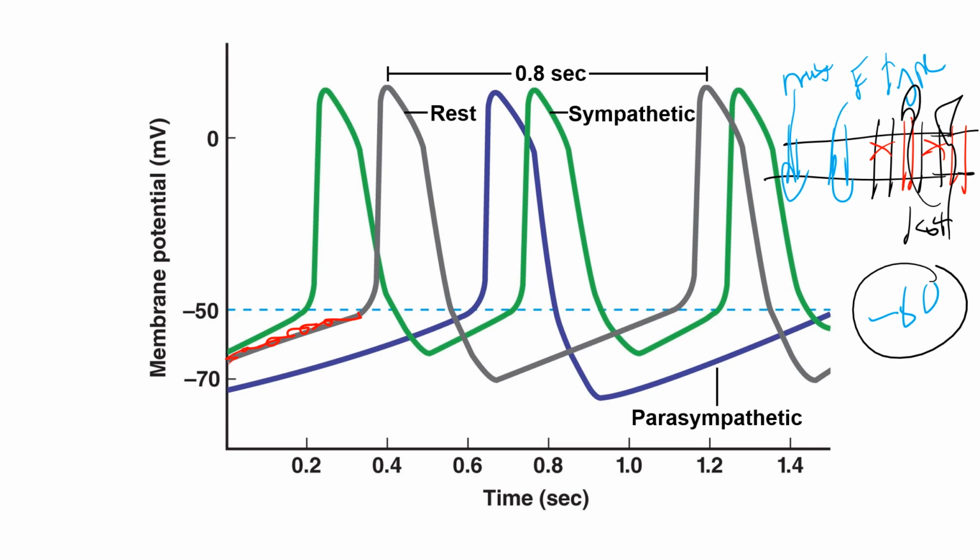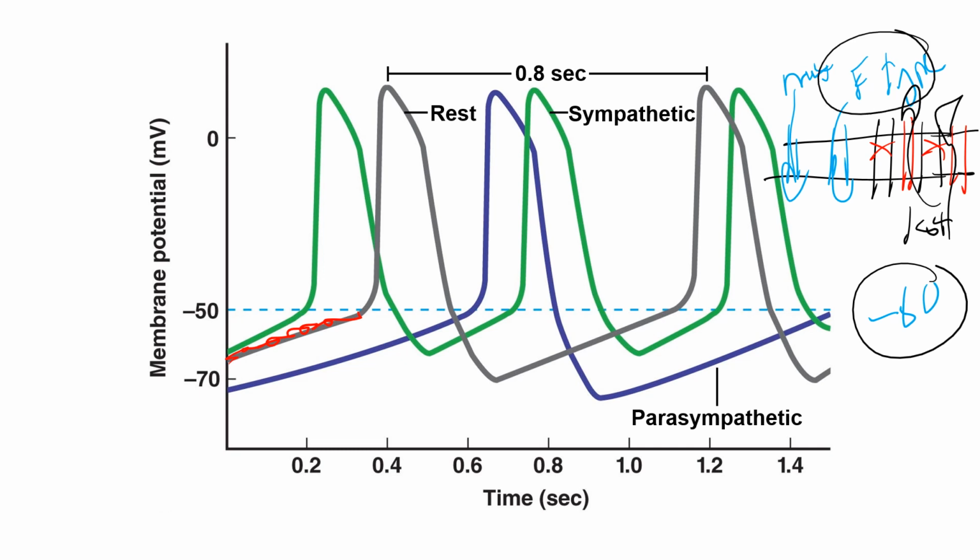I'm not saying that these funny channels aren't opening up at -60, because they are. But the problem is, at -60 right now, there are still too many potassium channels open. So let's say at -60, there's still more potassium leaving than sodium coming in through the F-type funny channels.